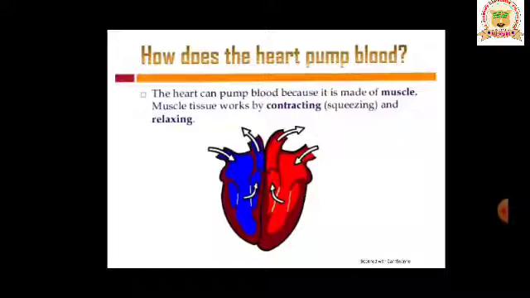This is being done in our heart. The remaining part, like what the diastolic condition and systolic condition of our heart are, these words will come when you check the blood pressure. During blood pressure, the words systolic and diastolic will come, which we are going to study in our next class. Thank you.